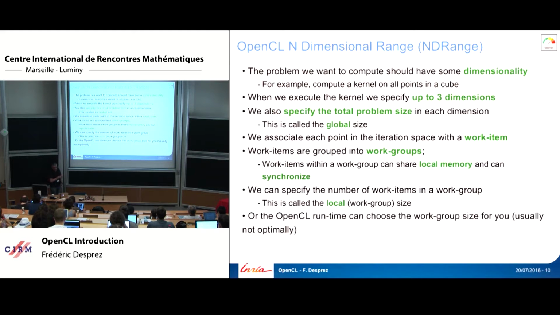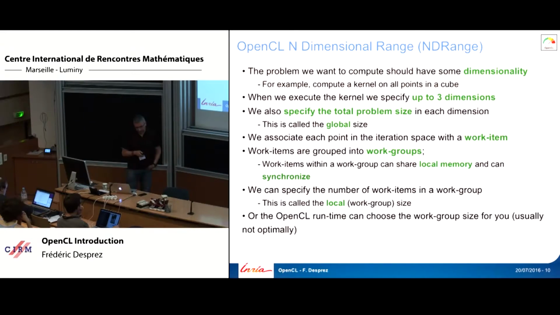You can specify the number of work items within a work group, what we call the local size. The runtime, of course, can choose the workgroup size for you, but usually it's not so optimal. So if you can tune your application for a specific platform, you might get better performance.